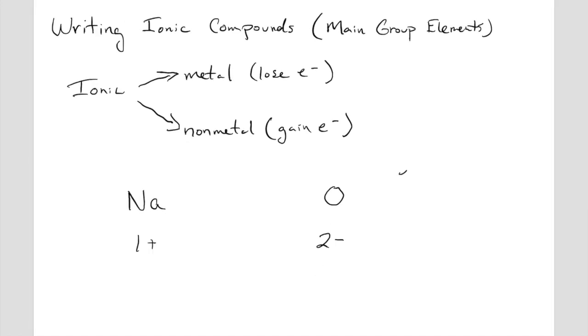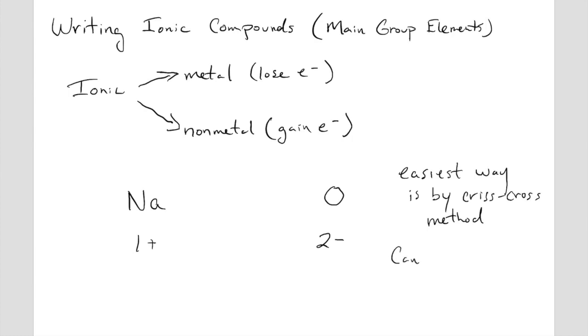What we can do is an easy way called the crisscross method. We take the number, not the charge, and we crisscross that to the other element.